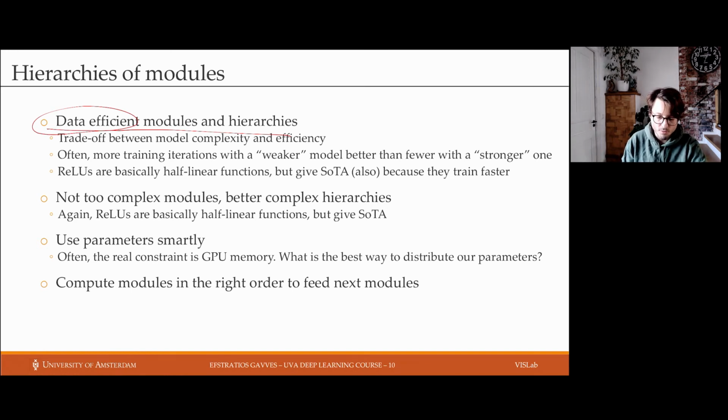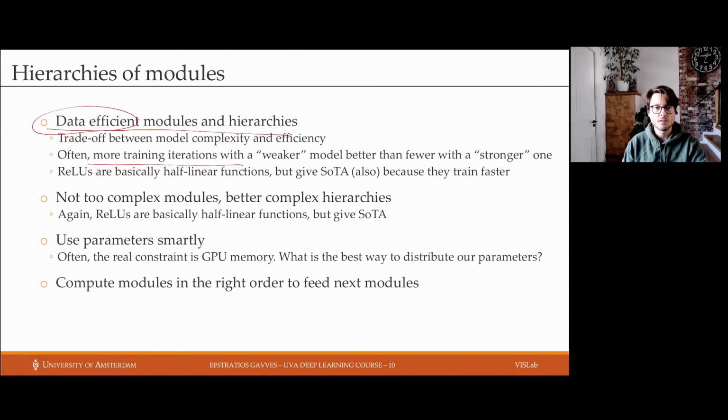We've got a trade-off between efficiency and complexity. A module and the model thereof can be very complex, but this means that it will quite likely be less efficient, and vice versa, right? So what do we want? Do we want a more complex module but less efficient or not?